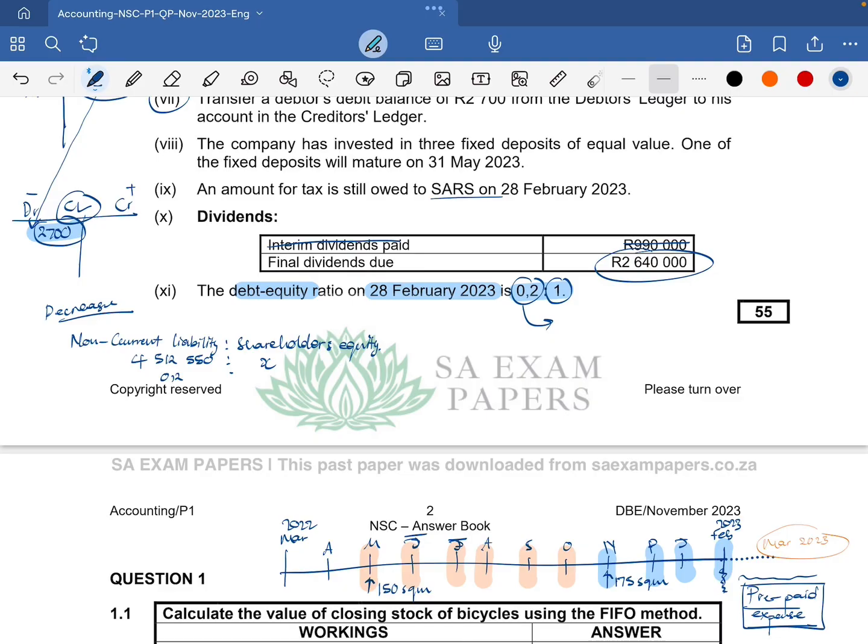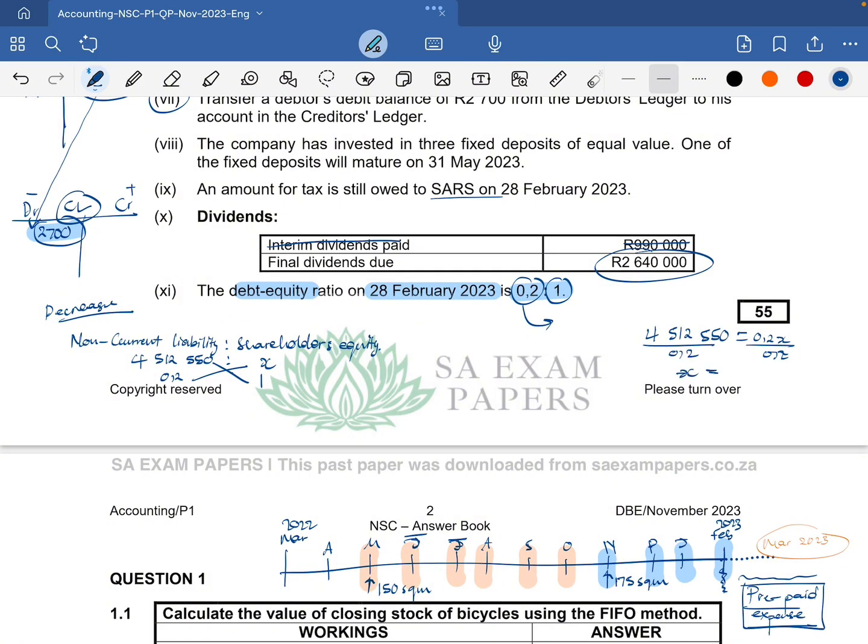So we have the 1 here. In this case, we're just going to simply cross multiply, and we have the 4,512,550 is equal to 0.2x, then divide by 0.2 on both sides.